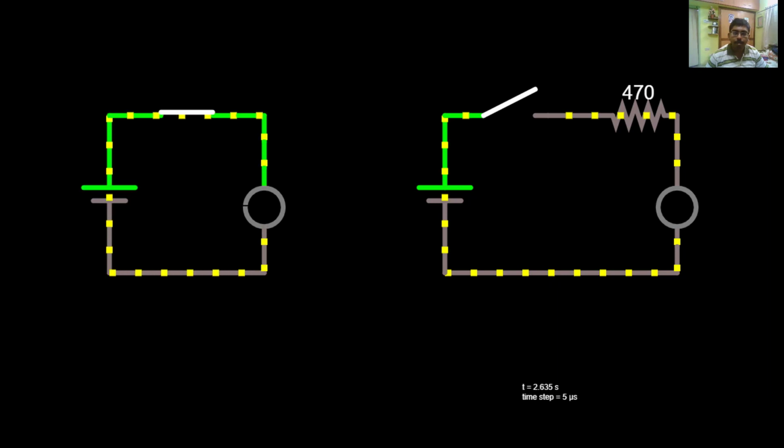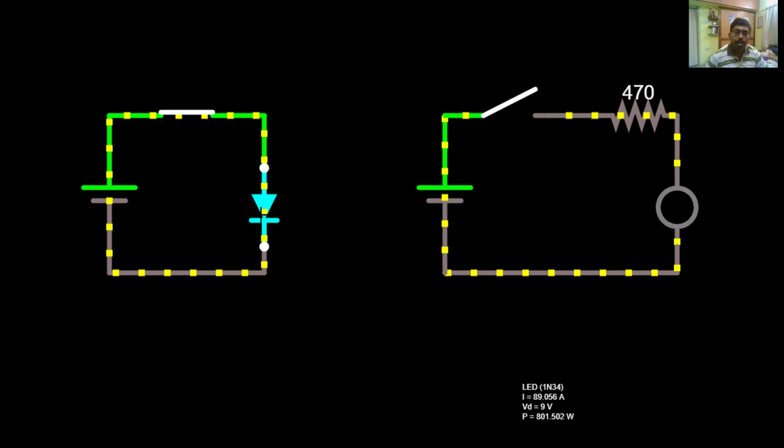If I connect an LED directly to the battery and turn on the switch, the electrons start flowing into the LED at a very fast rate. You can find the current consumed by the LED in the lower right corner.